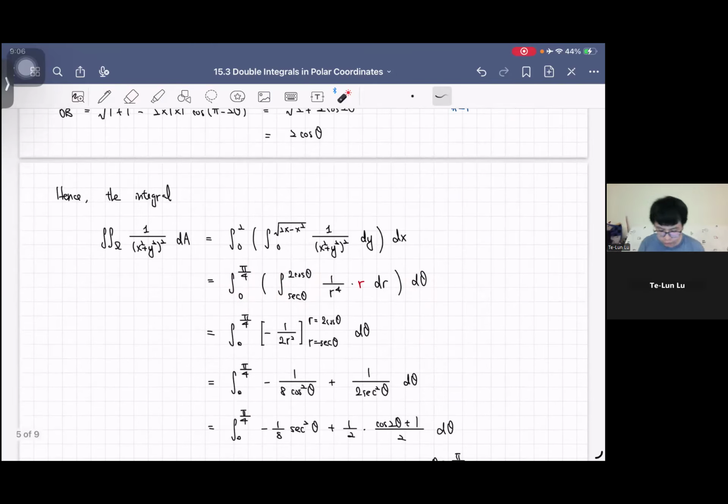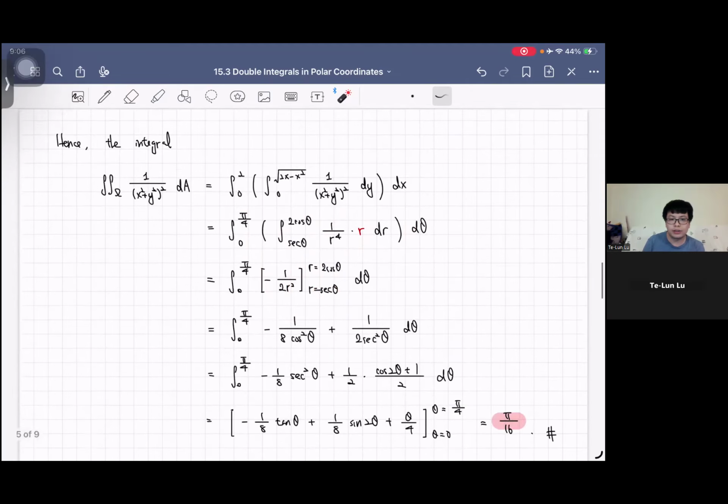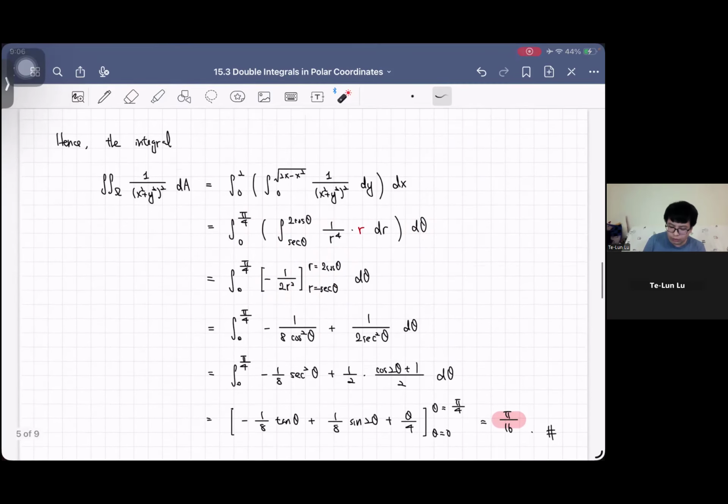So first of all, for this guy, you have 1 over r cubed, right? The integration for that is minus 1 over 2r squared, and you're plugging r to be 2 cosine and r to be secant. The first term gives you minus 1 over 8 cosine squared. The second term is plus 1 over 2 secant squared. And then this guy is basically 1 over 8 secant squared, which is very nice because we know the antiderivative is tangent.